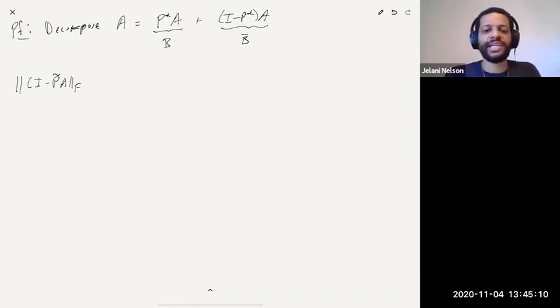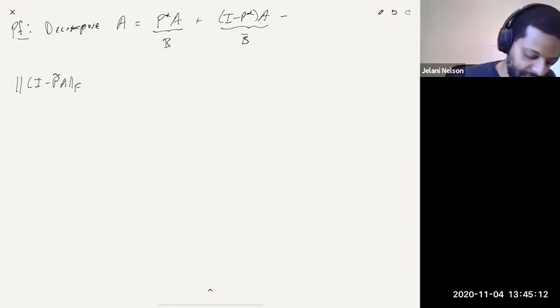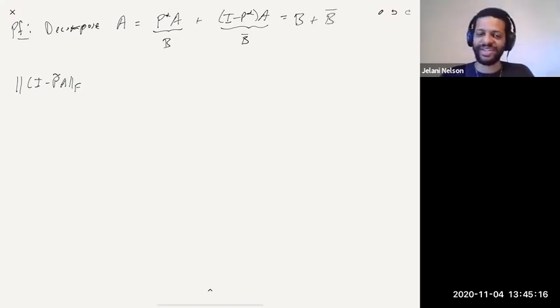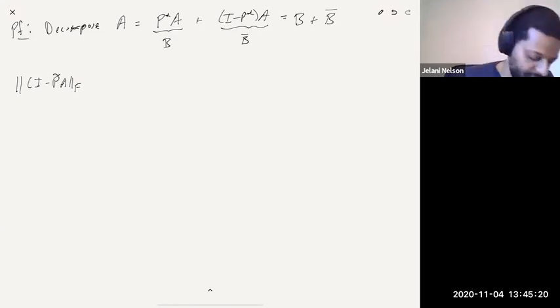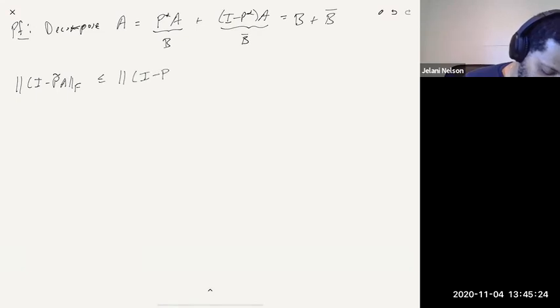I'm going to write A as B plus B bar. And then now I'm just going to do triangle inequality. So this is at most identity minus P tilde applied to B plus identity minus P tilde applied to B bar.